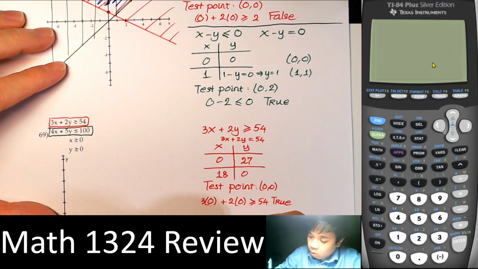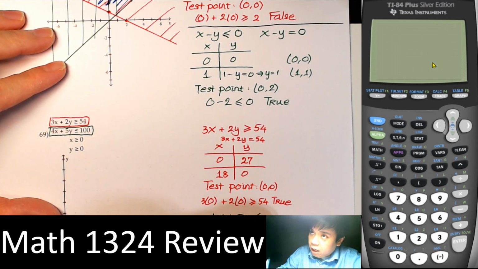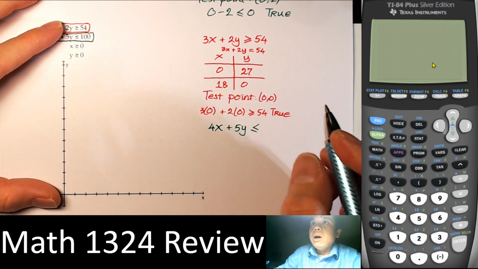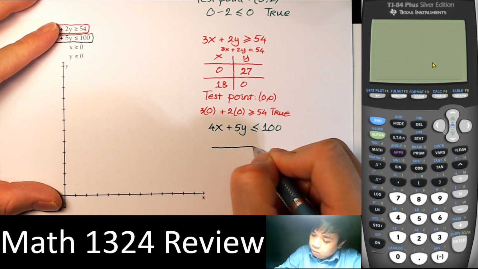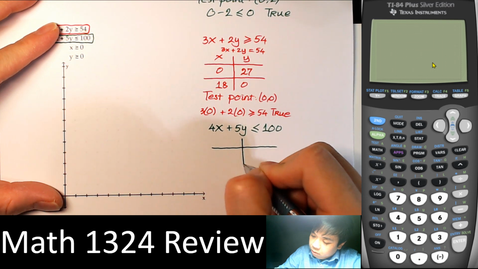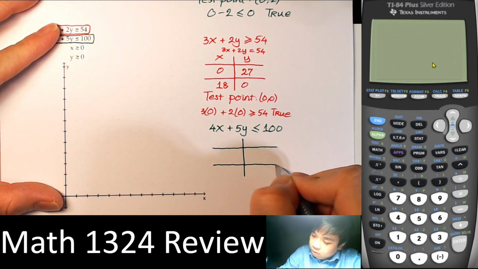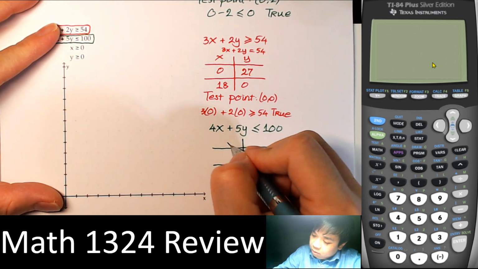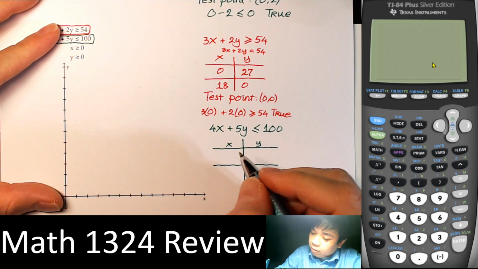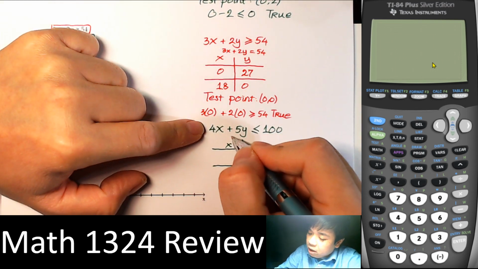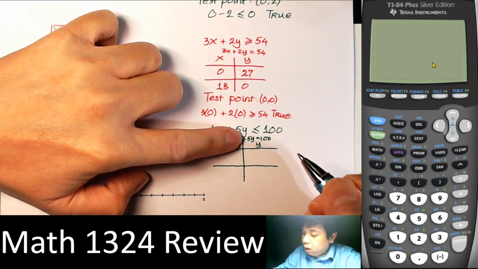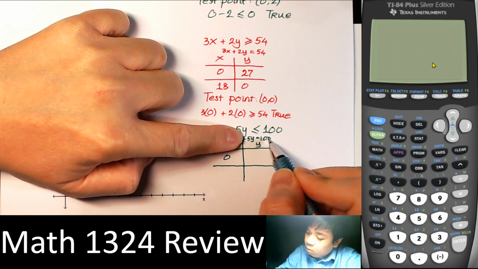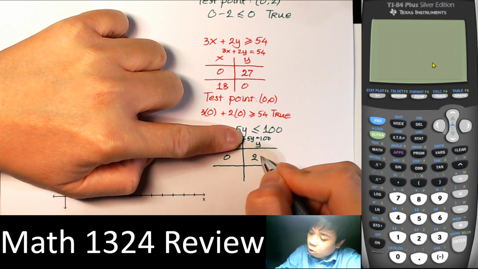Next, for x plus 5y less than or equal to 100. Now make it equal to. When x equals 0, 5y is 100, so y is equal to 20.